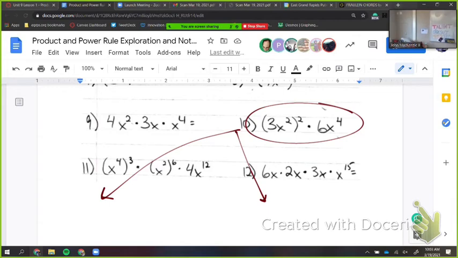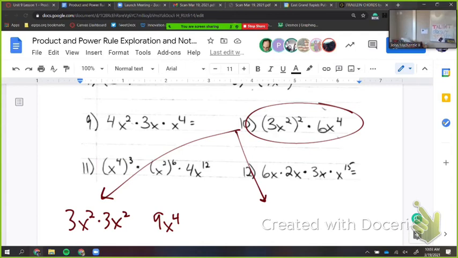It's squared. Don't write this, but it'd kind of be like 3x squared times 3x squared, right? That's what 3x squared means. And if I did 3x squared times 3x squared, I could simplify that as 9x to the fourth. Does everybody get 9x to the fourth there? 3 times 3 is 9. x squared times x squared is x to the fourth.